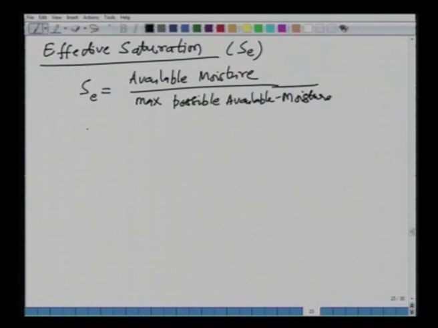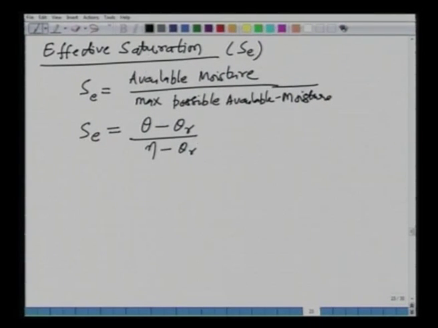Okay. So, what is this then? What is the available moisture in the soil at any given point of time? Theta is the moisture content at any point of time, and available is, we subtract the theta r. And maximum possible is nothing but eta minus theta r.